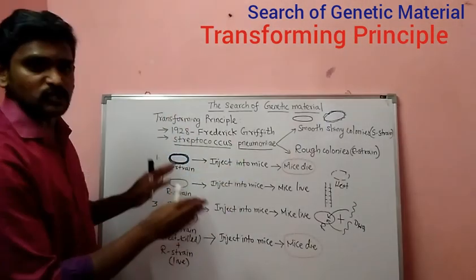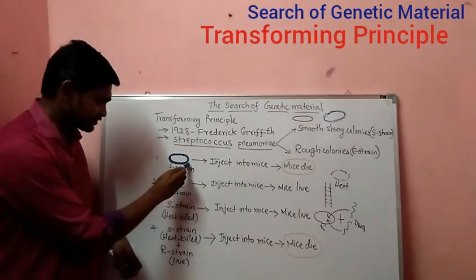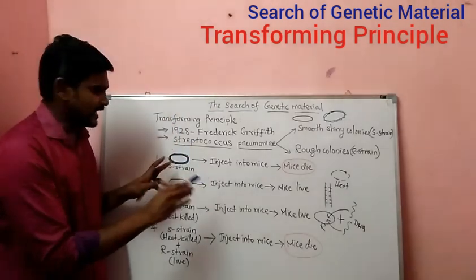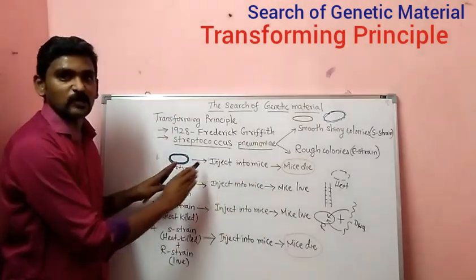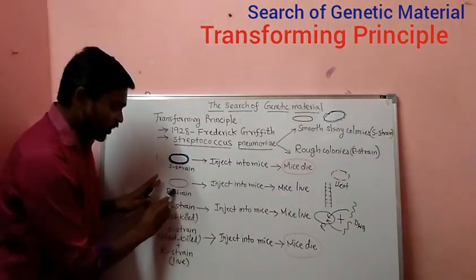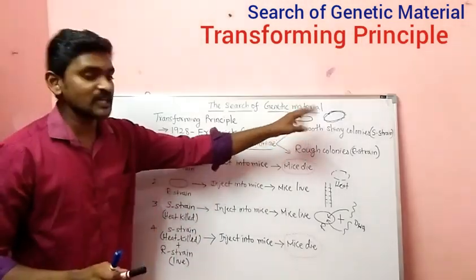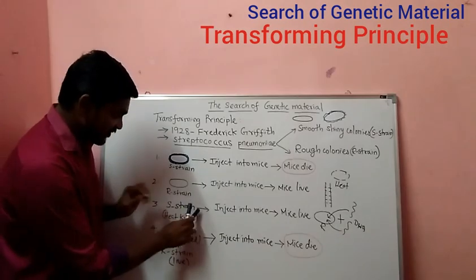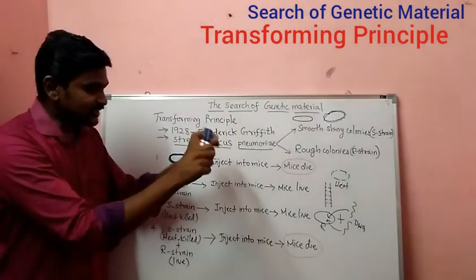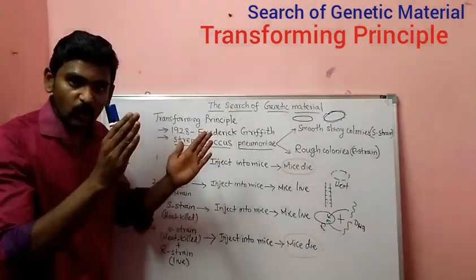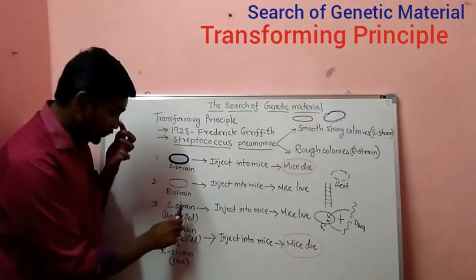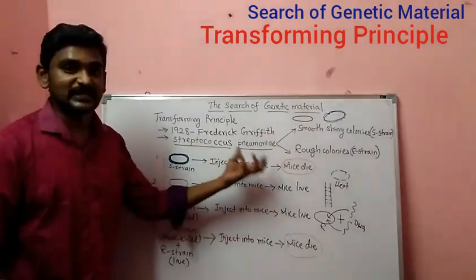So overall conclusion, if you see here, what is the matter? Normal S strain causes disease because it is virulent. Whereas the R strain will not cause disease because it is not capable of producing the mucus layer. Whereas here, when it is heat killed, everything is broken down, and DNA is also broken down into single strands, so it is also not capable of producing the disease.